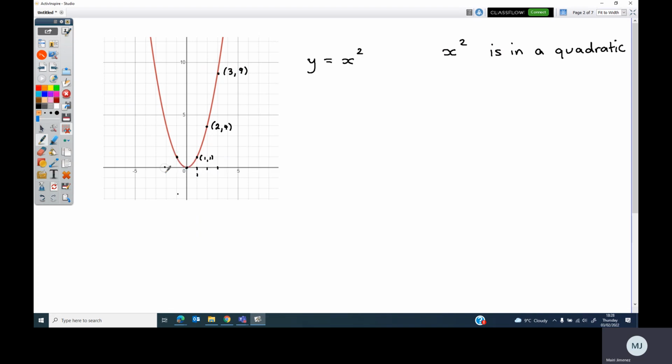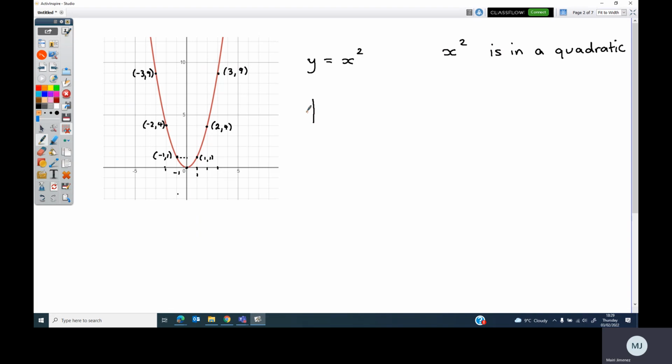If it goes to -1 and then 1 up, that's coordinate -1, 1. Then -2, 4. And then -3, 9. So the x and y coordinates are related because y equals x squared.